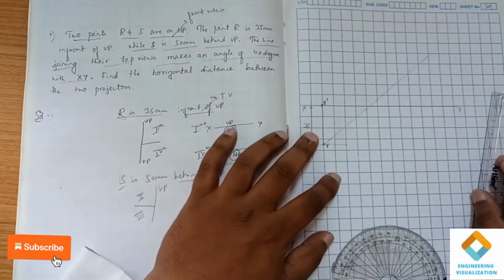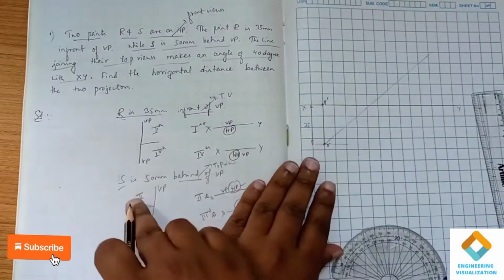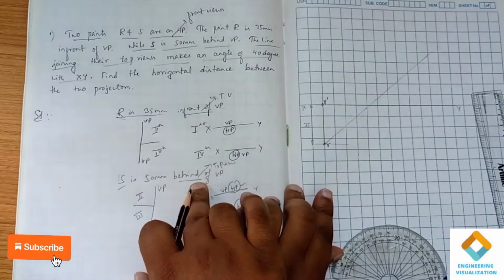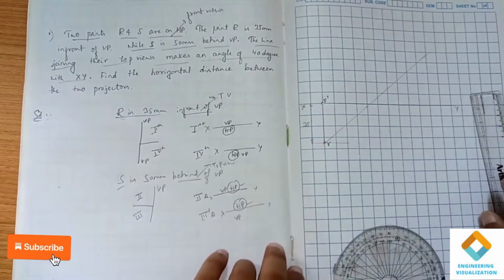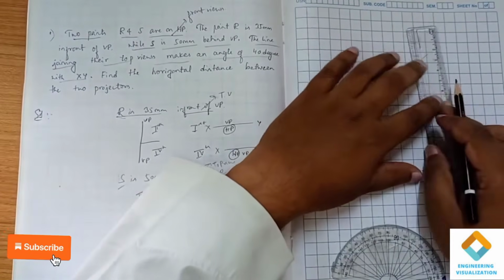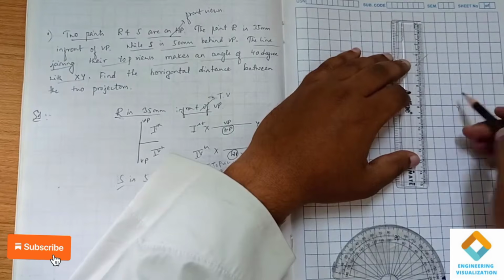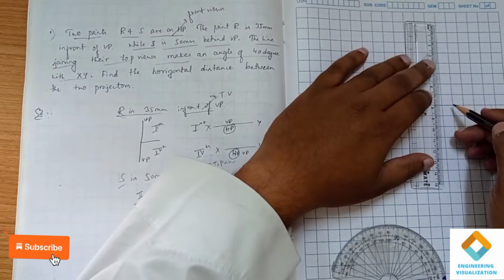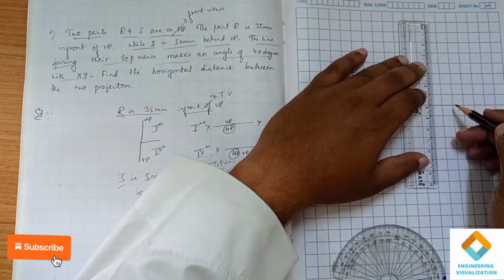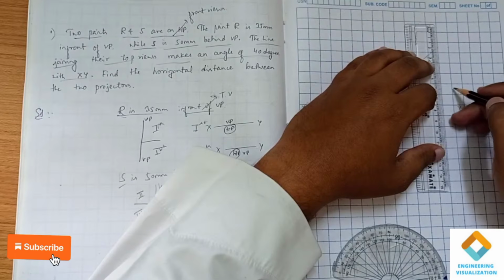We know that the top view of S is lying 50 mm behind VP, so it is lying above the XY line. For that purpose we draw a 50 mm horizontal line, 1, 2, 3, 4, 5.